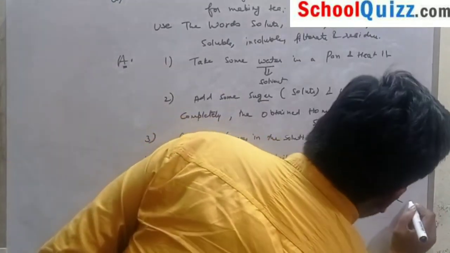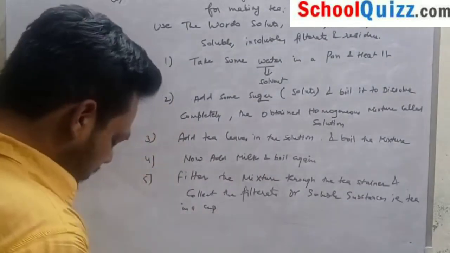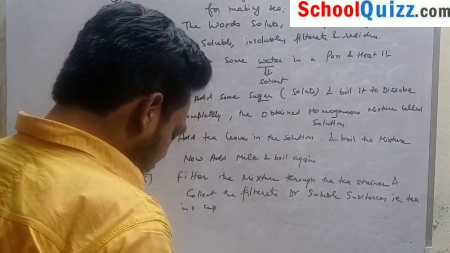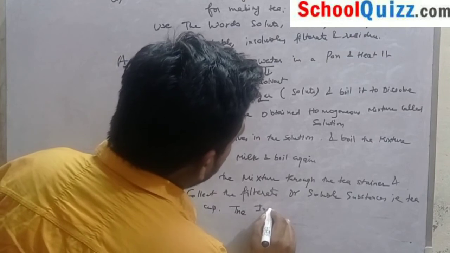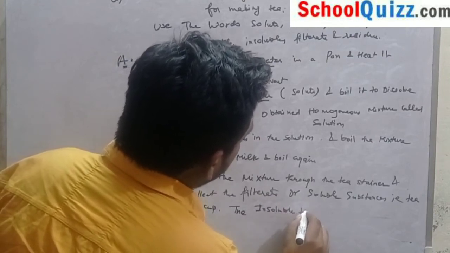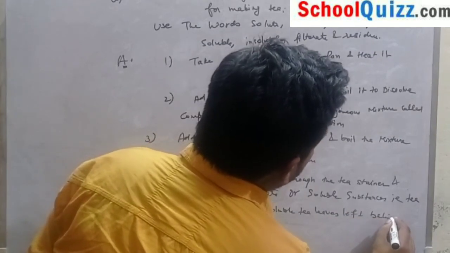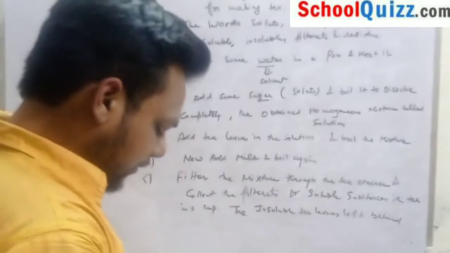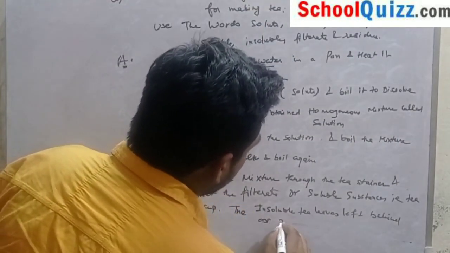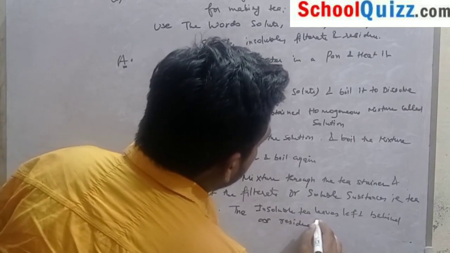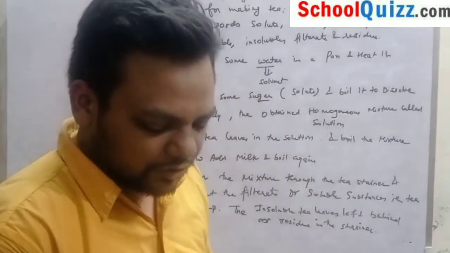The insoluble tea leaves are left behind as residue in the strainer.